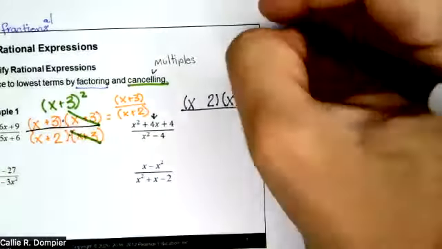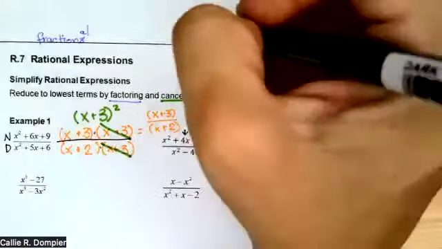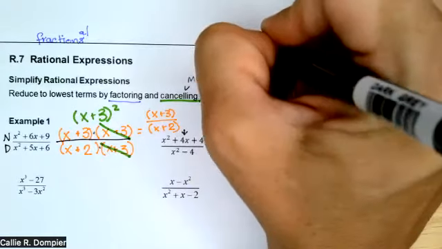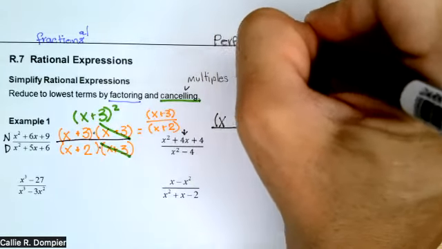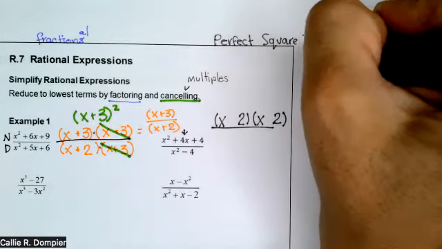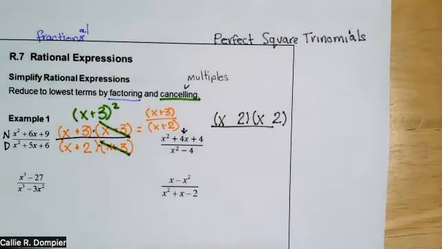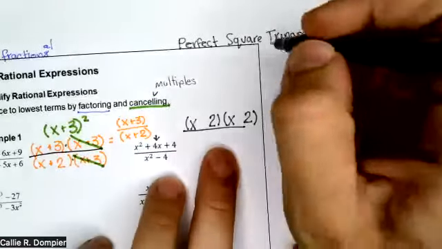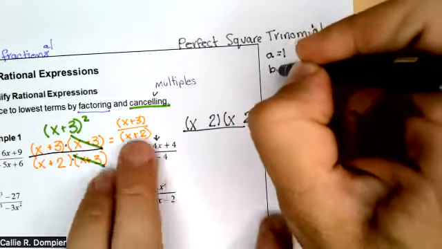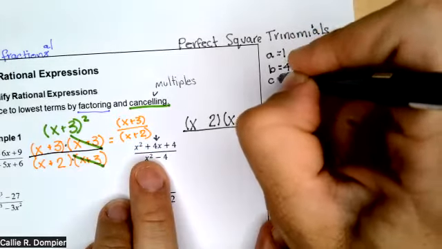Or we just do it the long way. And again, there's a video on that called Perfect Square Trinomial. Oh, because someone pointed out that I had not taught that. So if you don't know perfect square trinomials, you just say A is 1, B is 4, and C is 4.